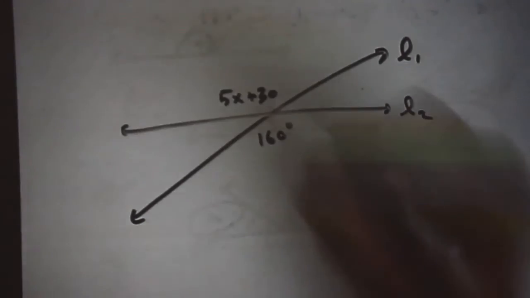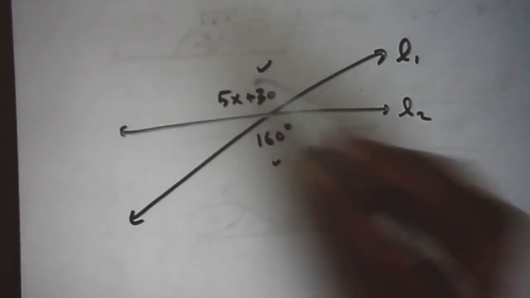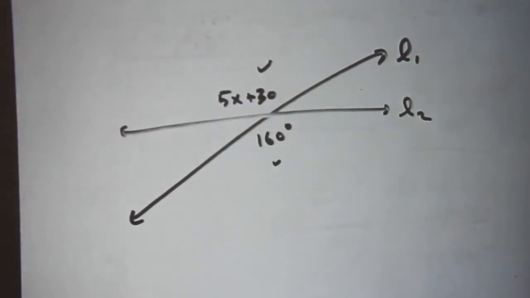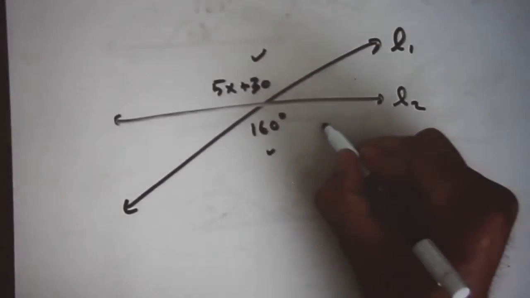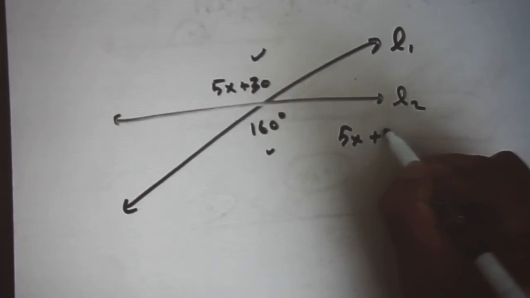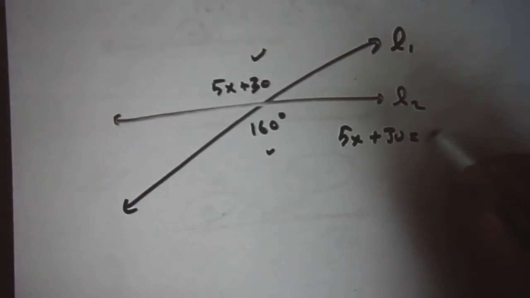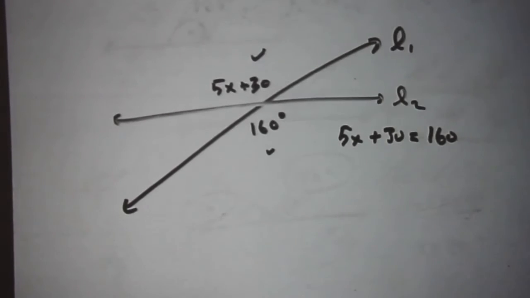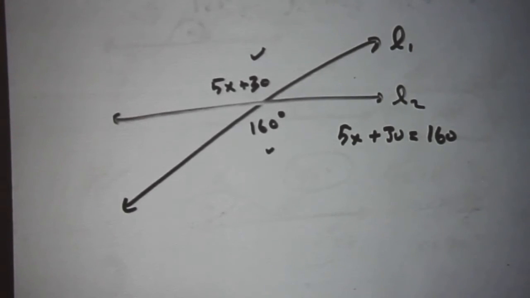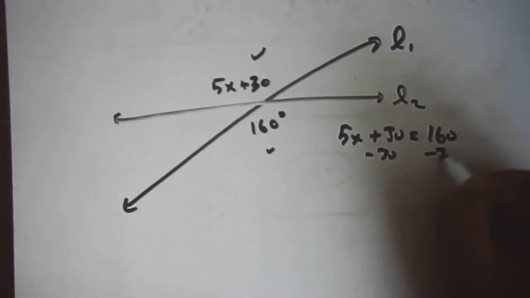Well, because these are vertical angles, meaning this one and this one are diagonally across from each other where two lines intersect, they must be equal to each other. So we can say 5x plus 30, this angle, must be equal to that angle, 160. And then from there we can solve this algebraically, subtract 30 from both sides.